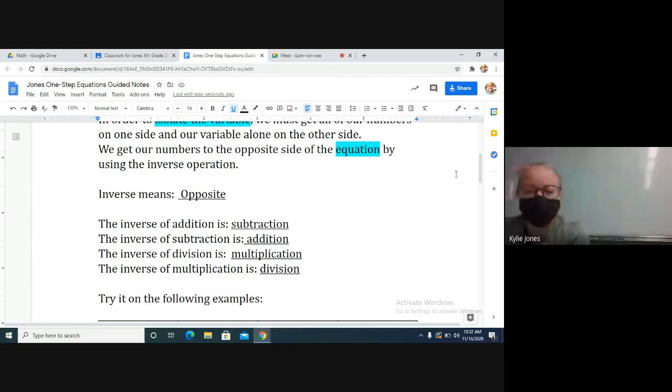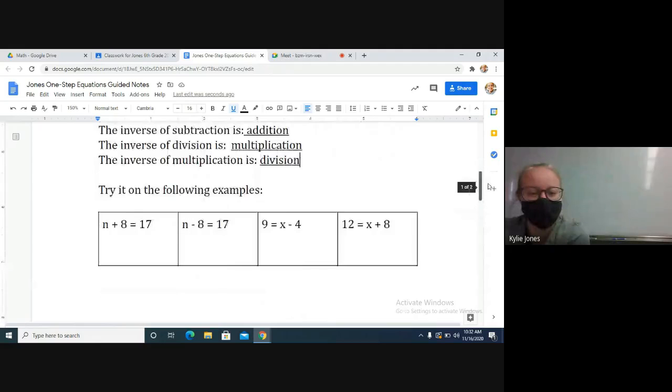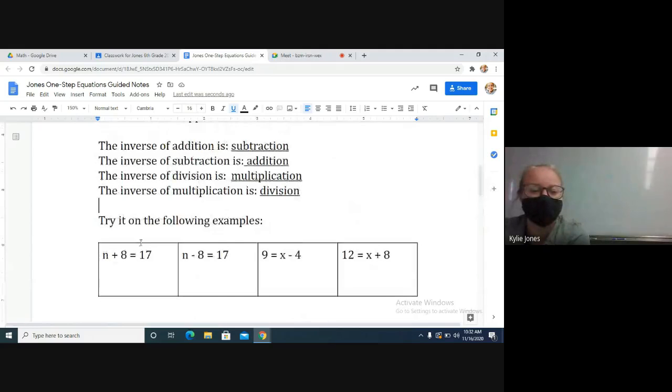Okay, I'm just going to scroll down a little bit. Okay, so we only have 4 examples here. So these examples, we have n plus 8 equals 17. So we have an n plus 8 on one side of your equation, and then we have a 17 on the other.